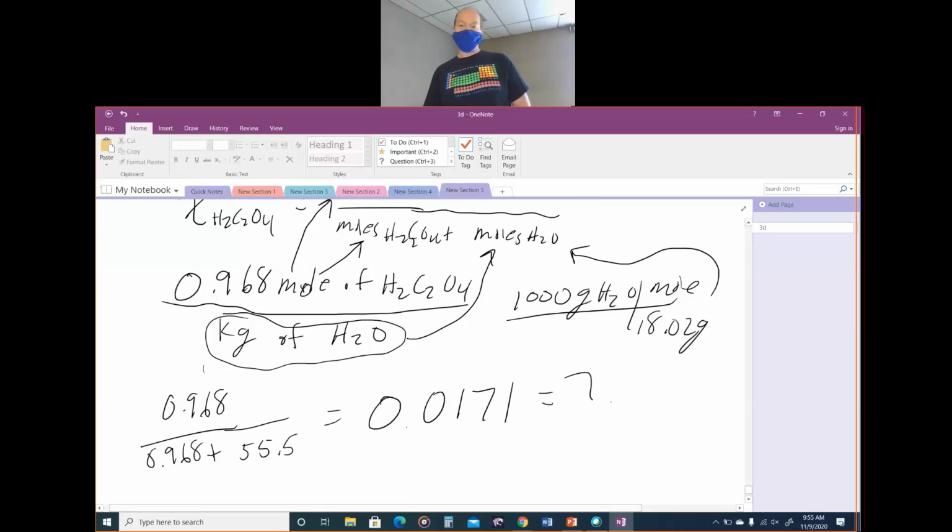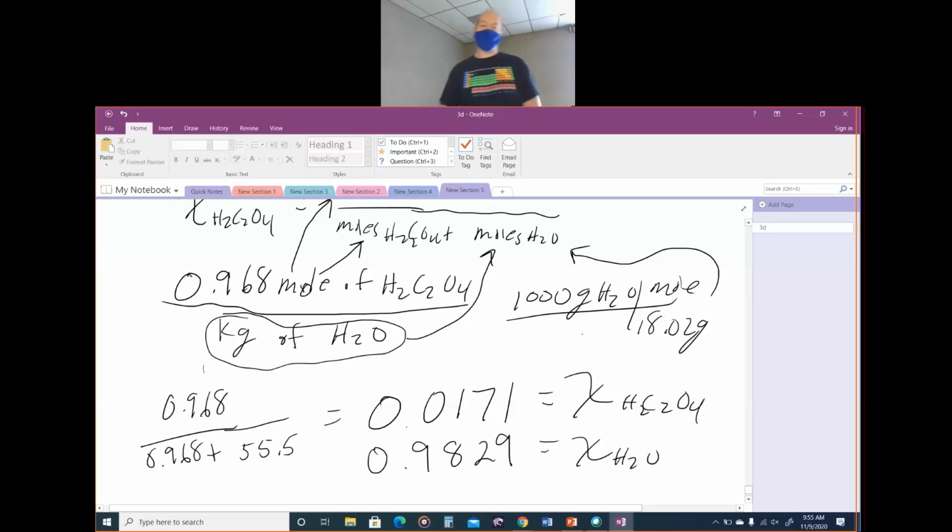So that is your mole fraction of your weak acid, H2C2O4. Of course, the rest is water. So that is 0.9829. All right, because we know that when we add these up, it has to add up to 1.